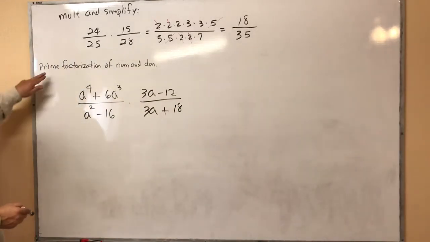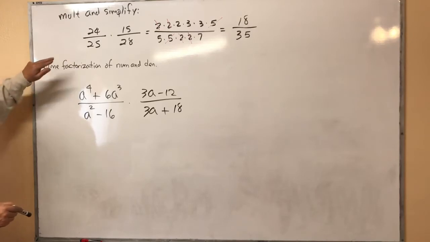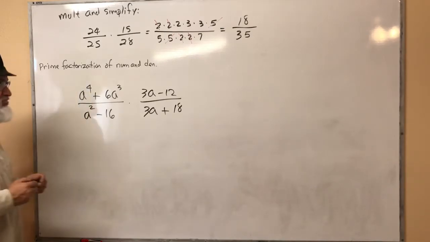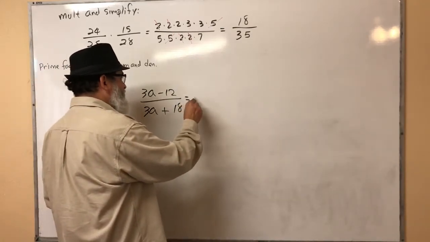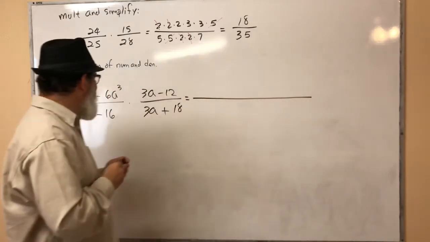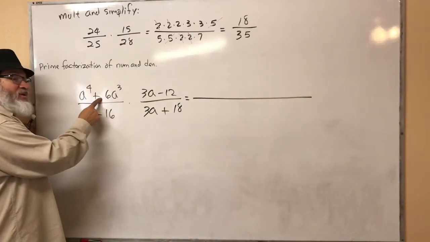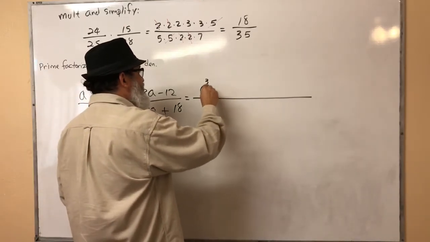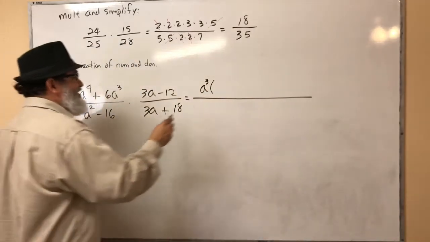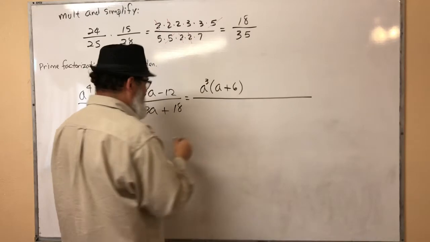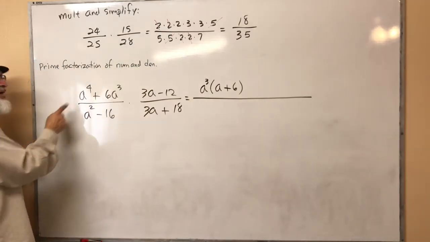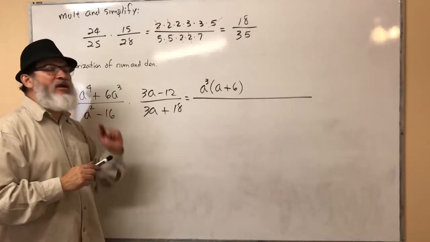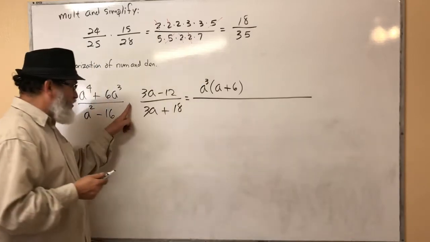Well, let's do the prime factorization of the numerator first, and then the prime factorization of the denominator. So let's make a big fraction. And let's do this one first. How do we do this one? Take out an a cubed. a cubed times what? Times a plus 6. That's the first one. How about this one? Take out a 3. No, don't forget, it's multiplication, okay?